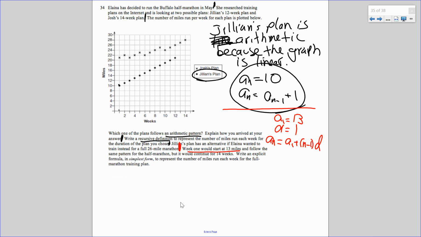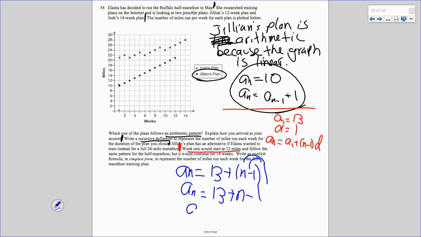So, AN equals 13 plus N minus 1 times 1. It's the simplest form, so I'm guessing it wants me to get rid of the parentheses. And then combine like terms.